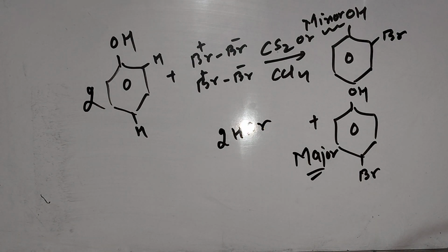And in the previous video we discussed how the polarity of the solvent will decide tri-substitution or mono-substitution during the reaction of phenol with bromine. Now in the next video, we will understand sulfonation as a new electrophilic substitution reaction of phenol. That's it. Thank you very much for watching the video.